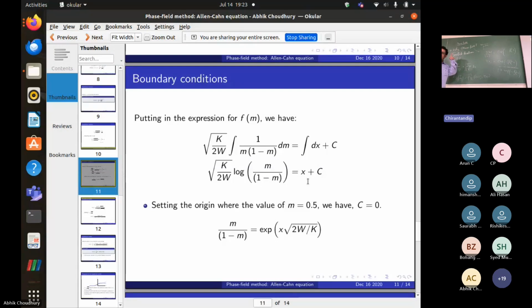Remember, x equal to 0 is at t equal to half. How does it look? Like this, like this, like this.